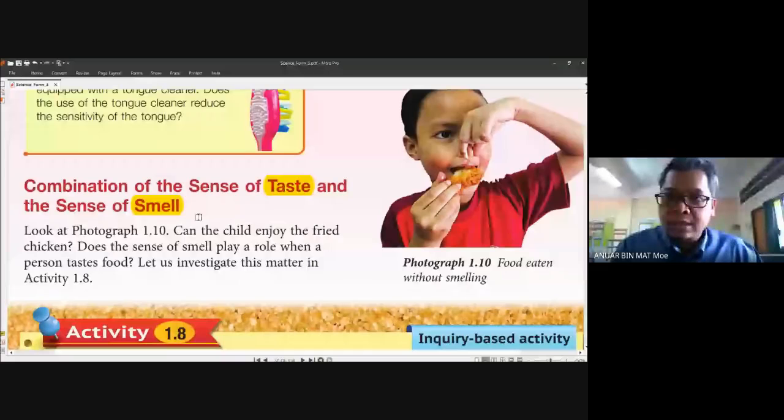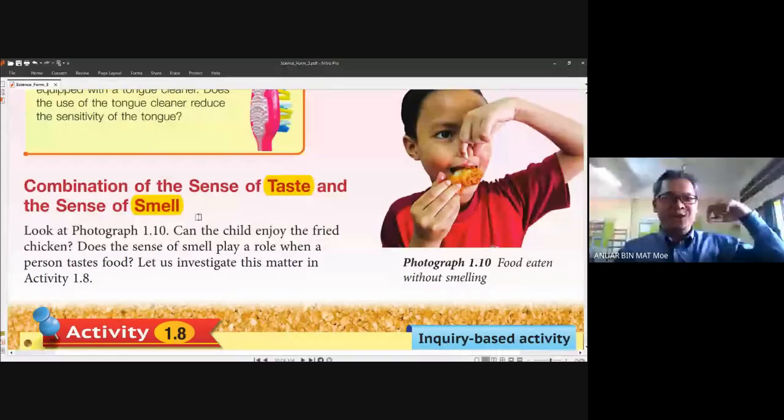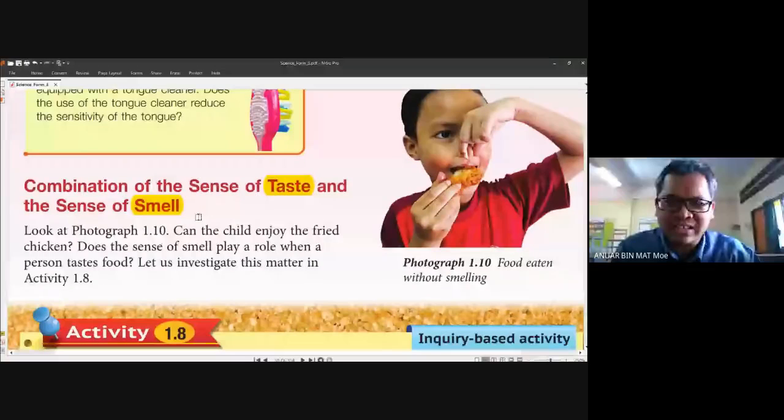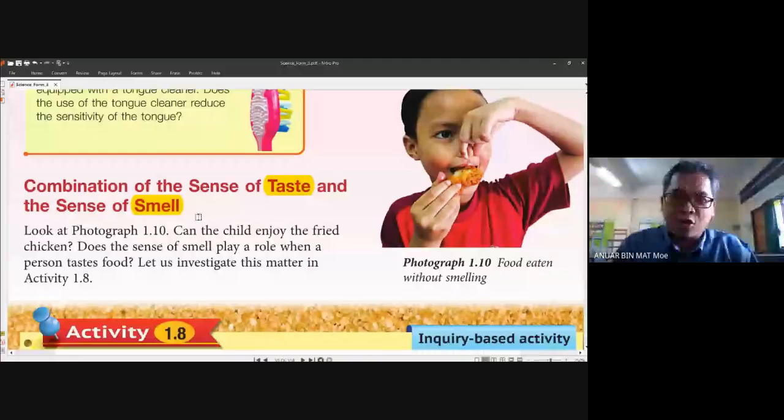One thing you can use, when you pinch your nose, is when you are taking a medicine. Kalau kamu makan ubat, kamu boleh tutup hidung, kan? Because the taste of the medicine is not delicious, kan? Dia sangat tak sedap ubat. Tetapi kalau kamu makan ayam tutup hidung, ayam itu kamu tidak akan rasa sedap.